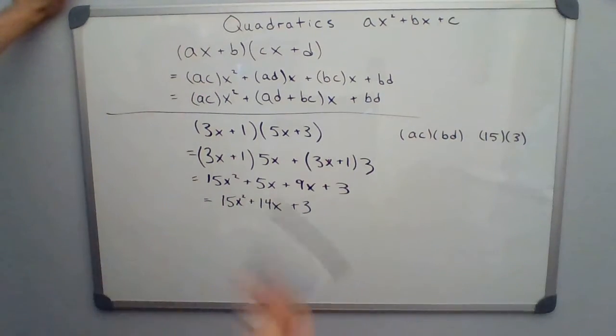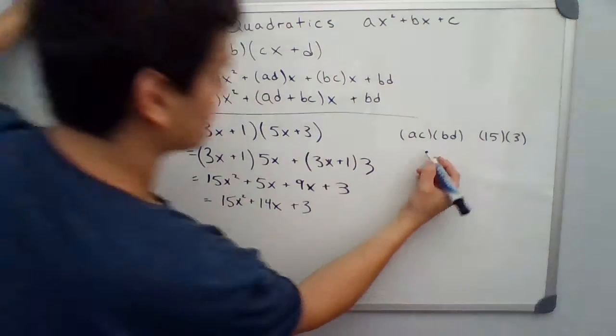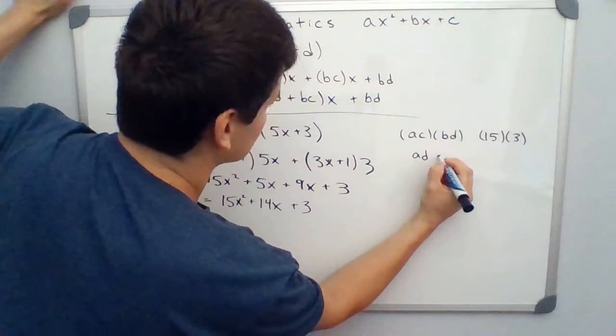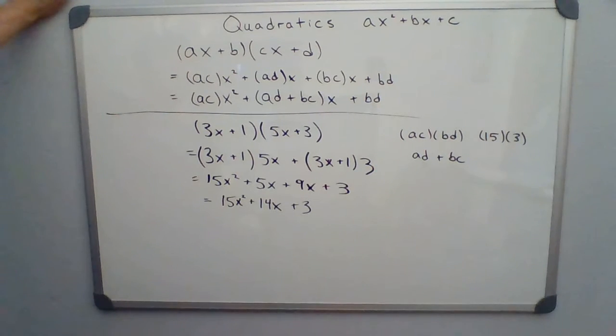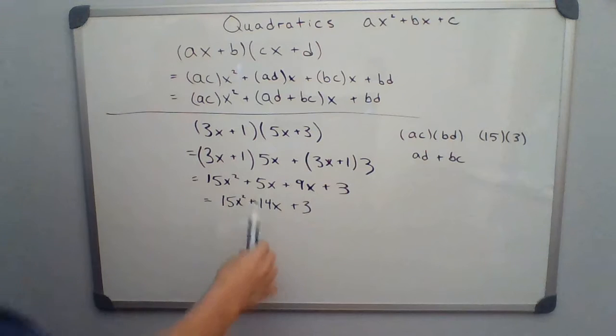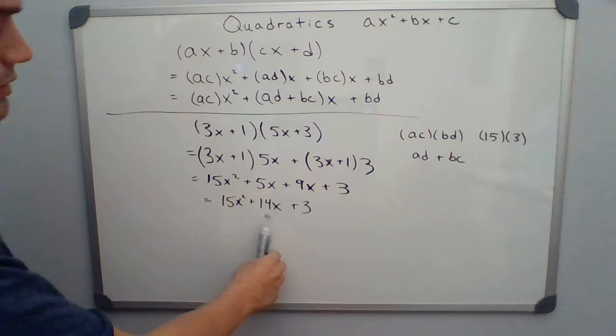And I'm looking for factors of 45 that will give me what AD plus BC is. Okay, the factors of 45, so we just have to run through them all in our head. We can do 5 and 9. Yeah, 5 and 9. Those are the factors of 45, and those just so happen to add up to be 14.